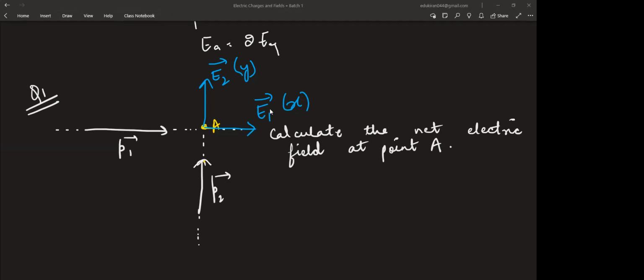Okay, class, so see, this is E1, this is E2. Why? Because this point A is lying on the axis of P1, so it becomes E1. And this point is again lying on the axis of P2. So this E2 is also axial. Since both of these are axial, we are taking the same direction as that of the dipole.